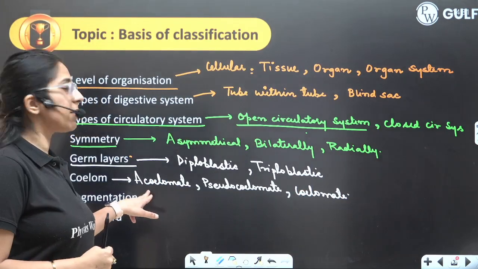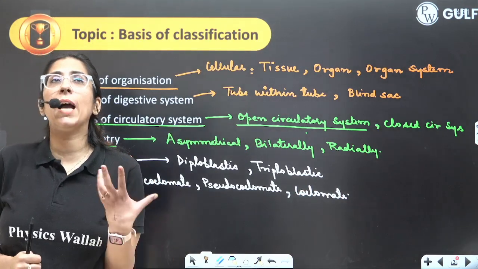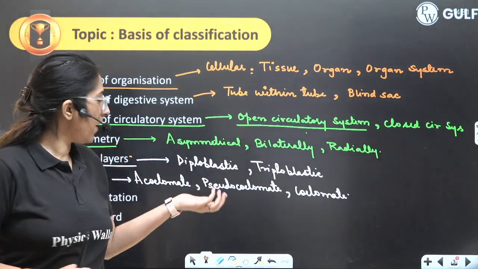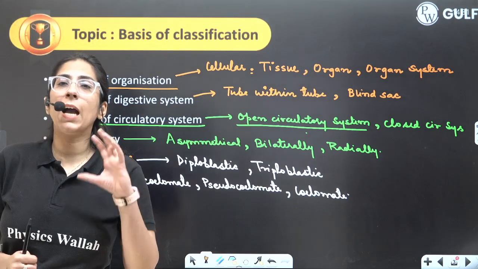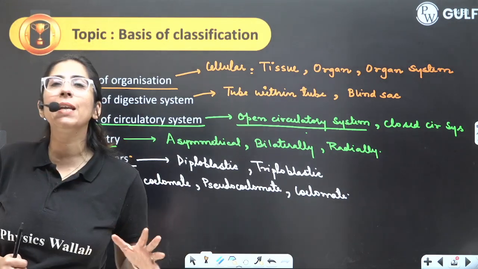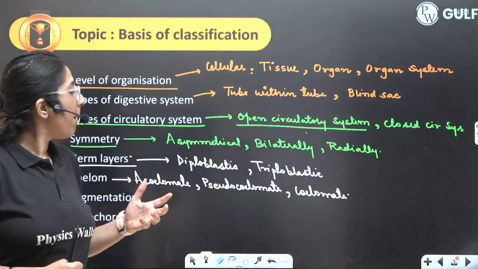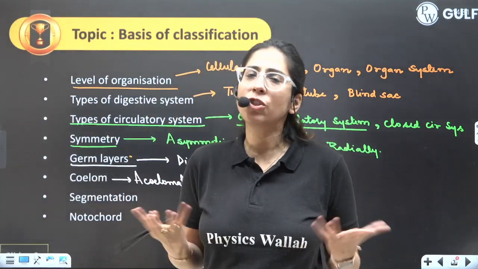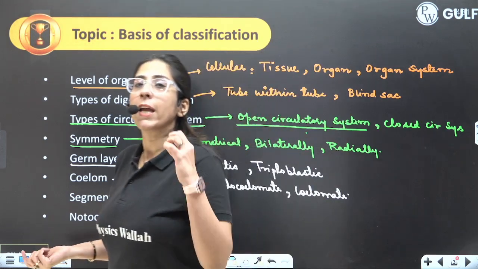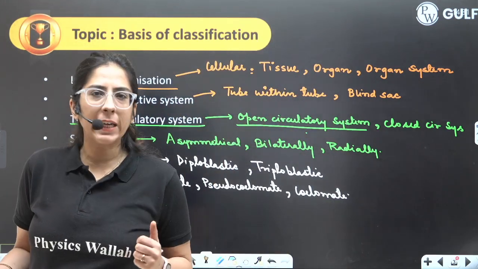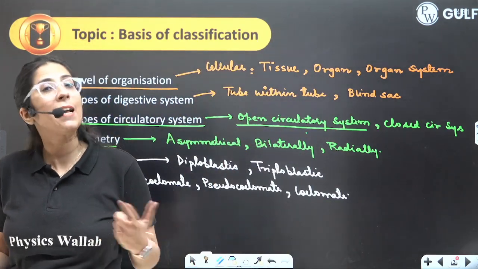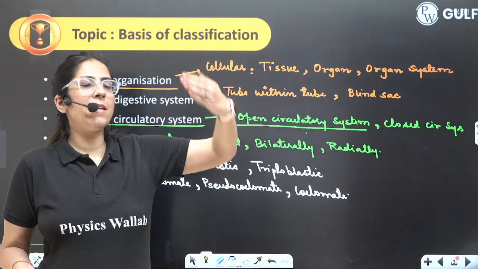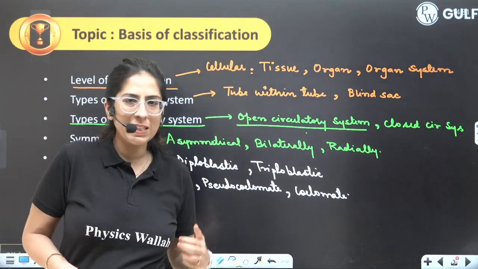When mesoderm is there, but the cavity is not present, acoelomate. When mesoderm is there, but the cavity is not properly lined by mesoderm, pseudocoelomate. When mesoderm is there and it forms a proper cavity, coelomate organism. Clear? Acoelomates are your Platyhelminthes. Pseudocoelomates are Aschelminthes. Coelomate organisms are your annelids, arthropods, mollusks.